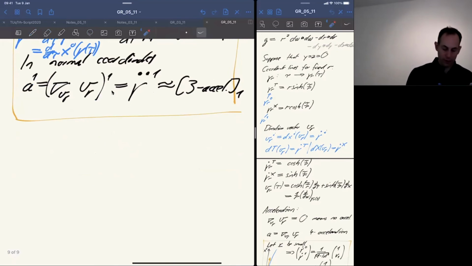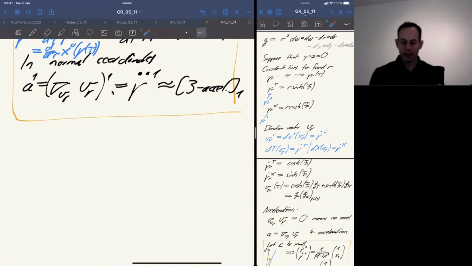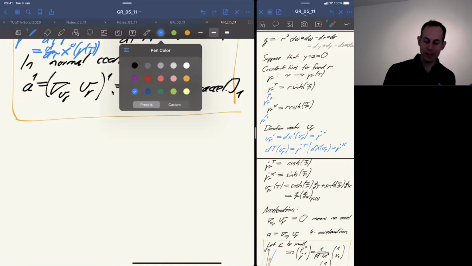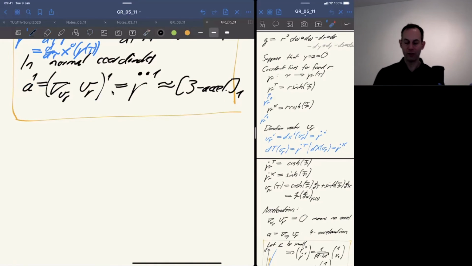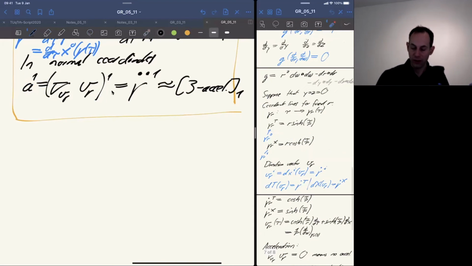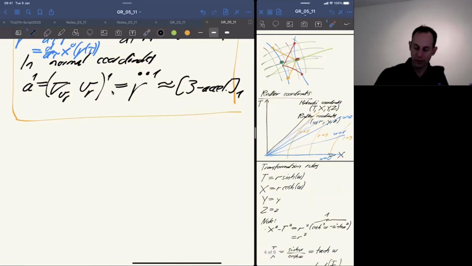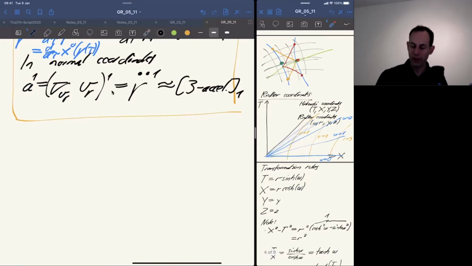Okay, so after we have motivated the definition of the acceleration, we can now evaluate the acceleration for the trajectories we are interested in, which, remember, are these orange trajectories. We want to see what is the acceleration really experienced by an observer that moves along these trajectories.